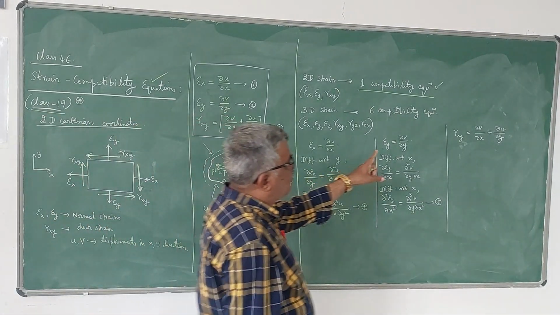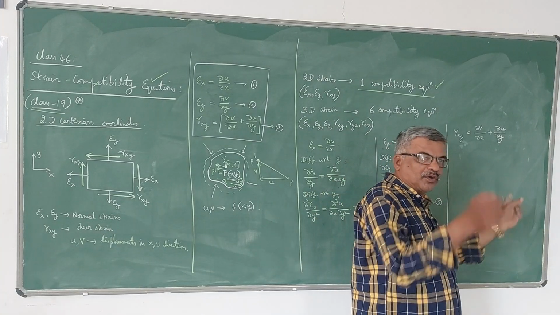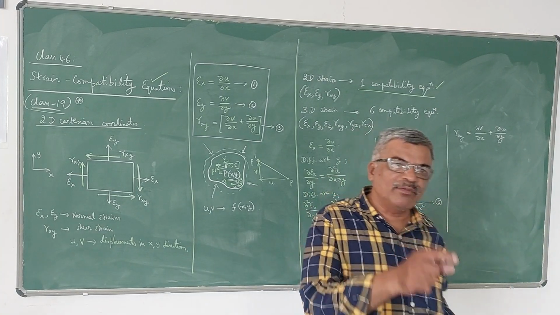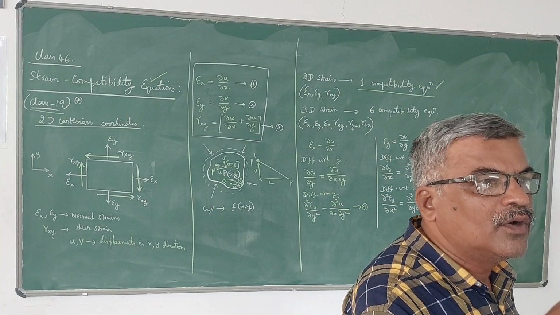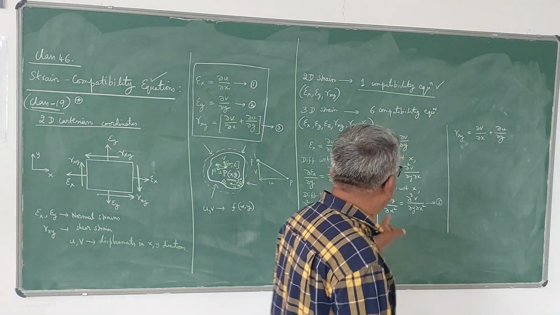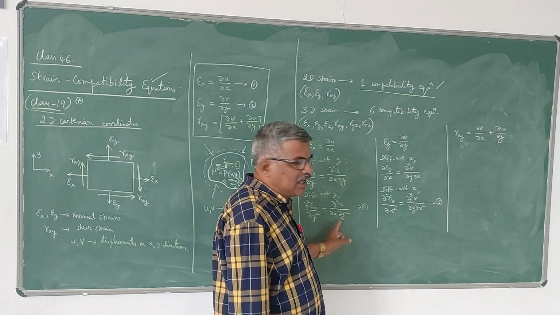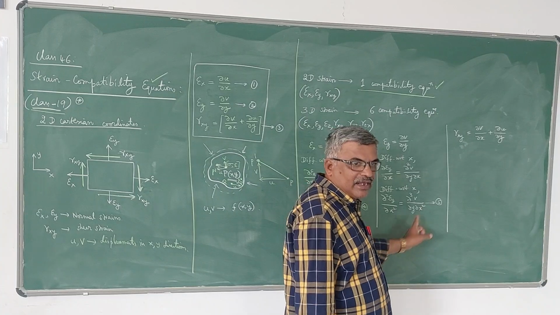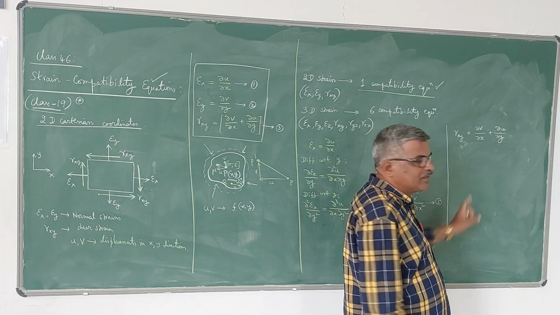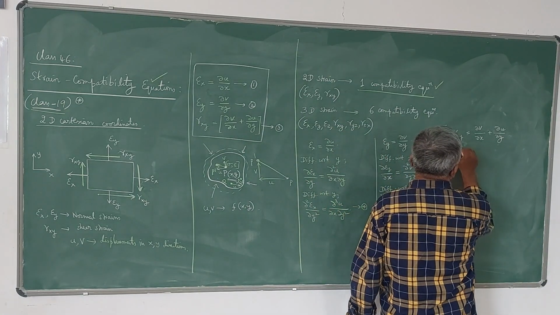Once I will differentiate with respect to x, second time I will differentiate with respect to y. See here, with respect to y twice, here with respect to x twice, here once x and once y. So differentiate with respect to x.